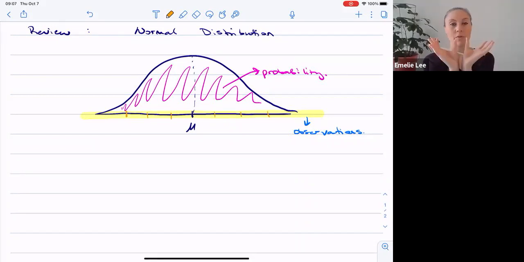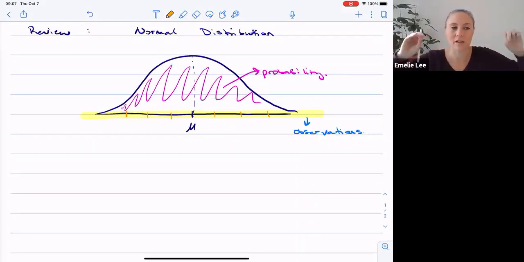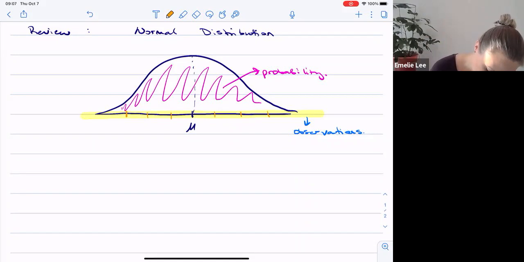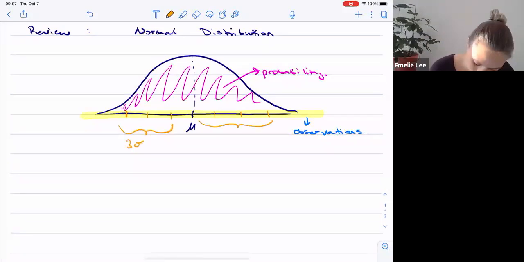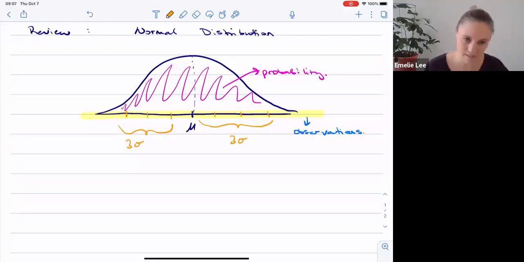So I can fit 3 standard deviations on either side. And then the area in the tails gets so small that we don't need to go any further. So here I go 3 sigma and 3 sigma.